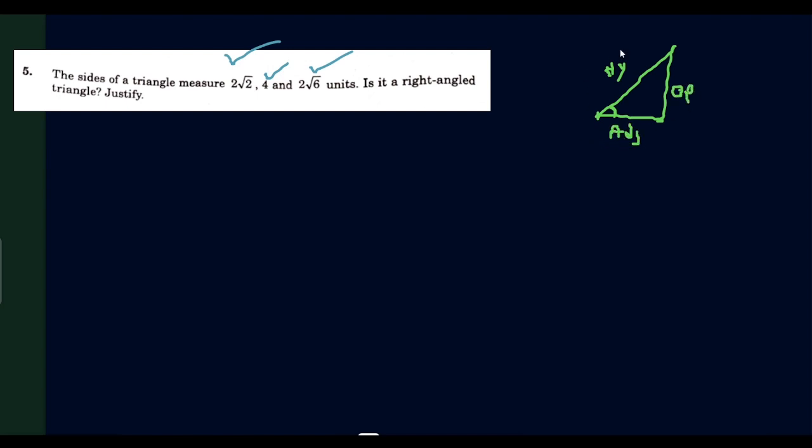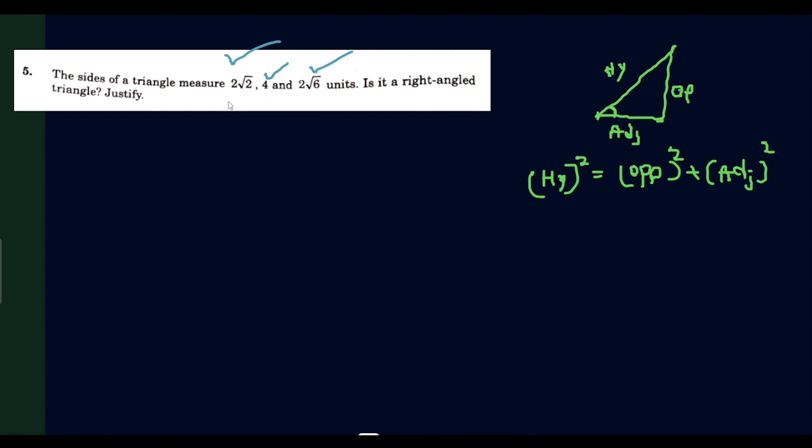If it is a right angle triangle, then we have the Pythagoras law: hypotenuse square equals opposite square plus adjacent square. Now, we don't know which one is the hypotenuse and which are the sides, so you can take cases.